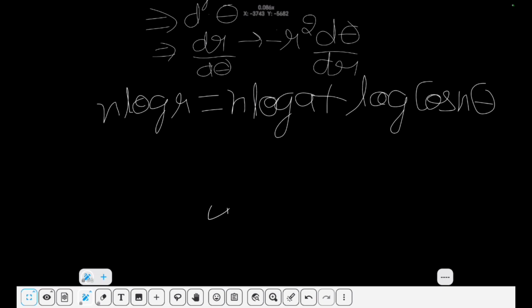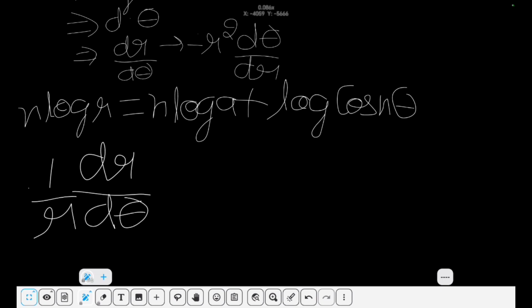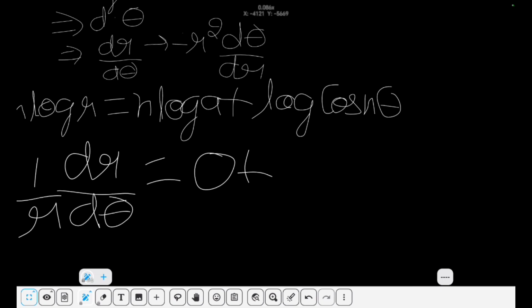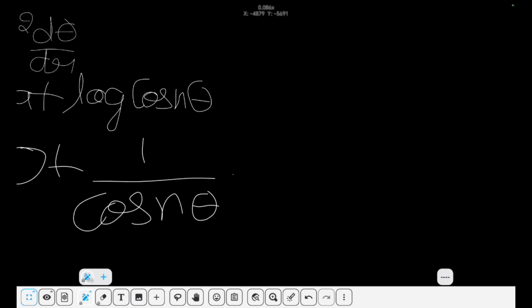Now second step, differentiating with respect to theta. That becomes n into log of r is 1 by r, log of x is 1 by x. So similarly log of r is 1 by r into dr by d theta, that equals n log a is constant, plus 1 by cos n theta into differentiation of cos, which is minus sin. Remember the minus sign.